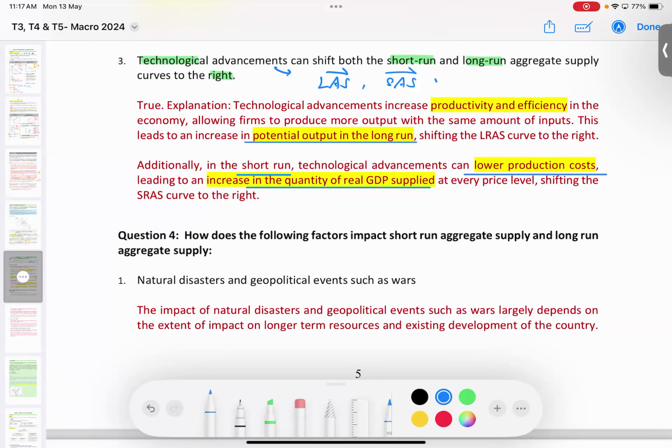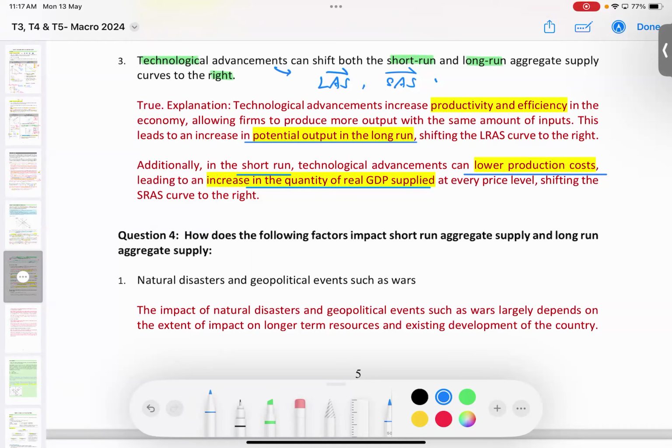So, natural disasters, let's say war or some events that happen to the whole country. That reduces the quantity and the quality of the resources, right? So you will have fewer resources or less physical capital. So it affects the entire capacity of the economy.